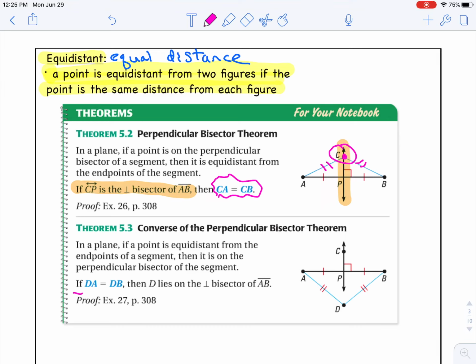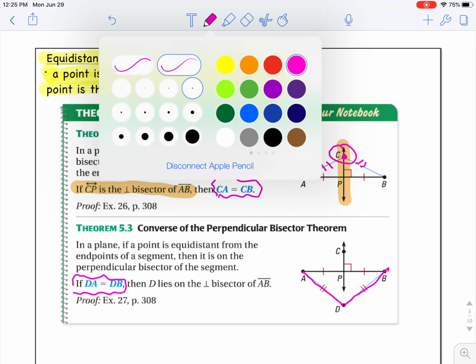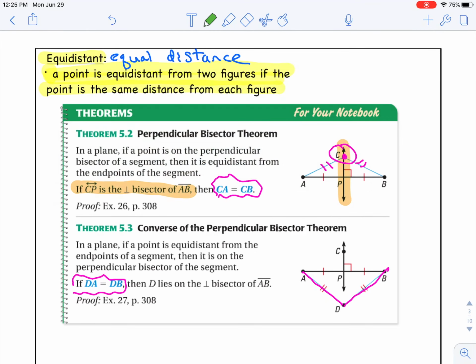So in this case, if DA is equal to DB, which is shown by the markings, then we know that point D lies on that perpendicular bisector.